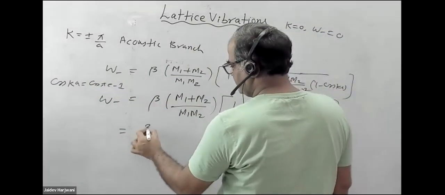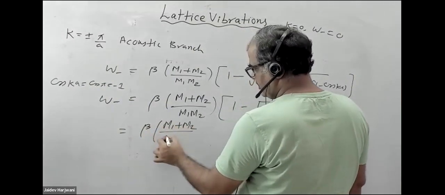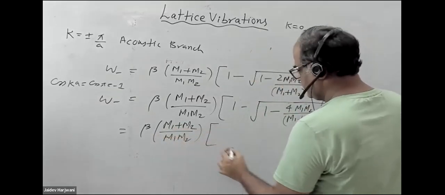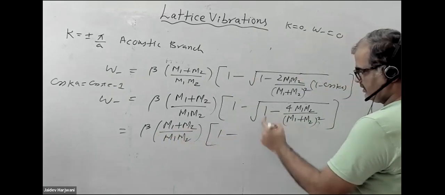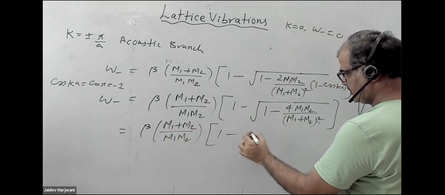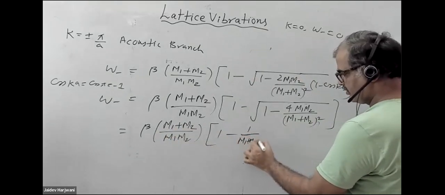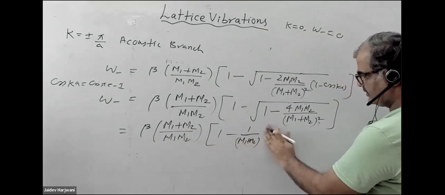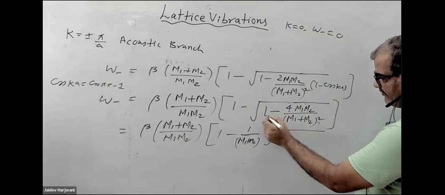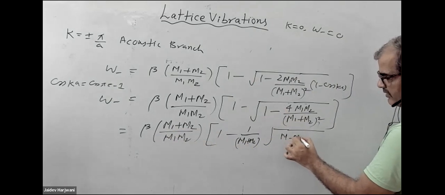If you solve this one, this will become beta (m1 plus m2) upon m1 m2, and this becomes 1. Solve this one, so this square will come out, so 1 plus m1 m2 beta by m1, and this will be under root. So this will become (m1 plus m2) whole square minus 4 m1 m2, so this will become (m1 minus m2) whole square.